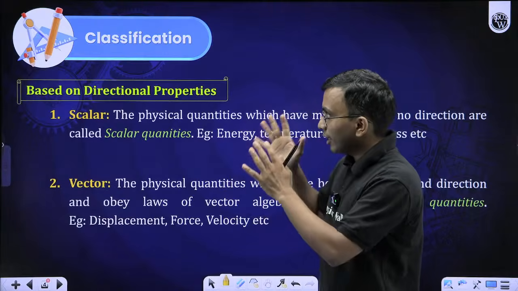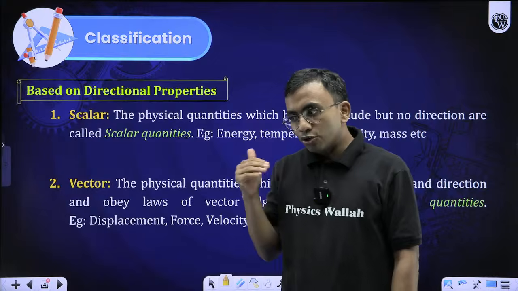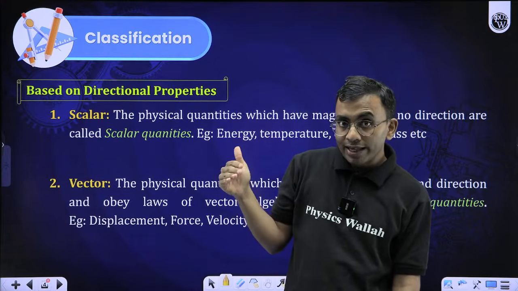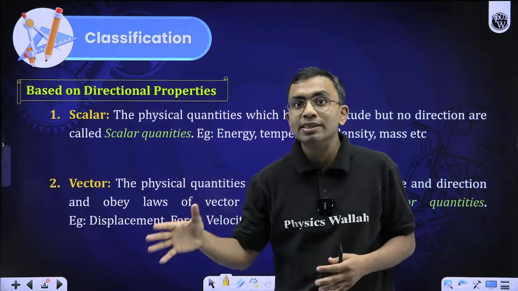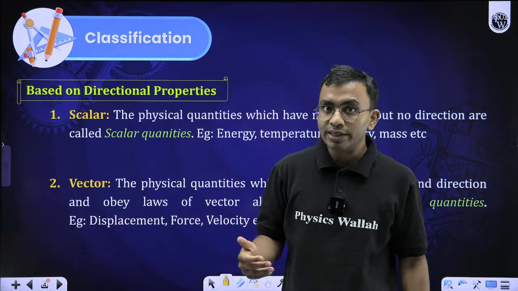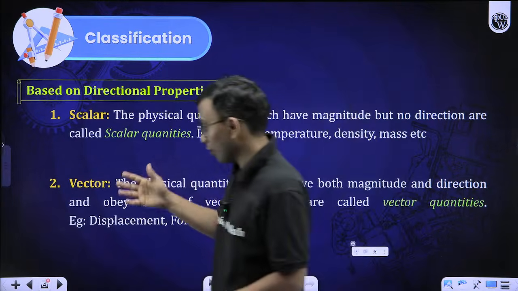Now, the first classification is according to direction, the directional properties. A few physical quantities have directional properties, which we call vectors. A few physical quantities, where the direction has no meaning, we call scalars.